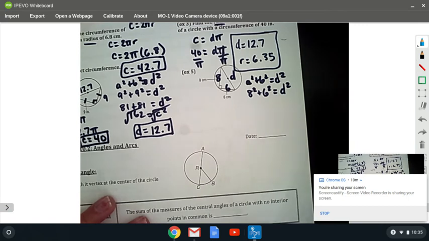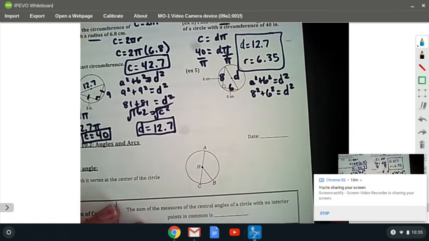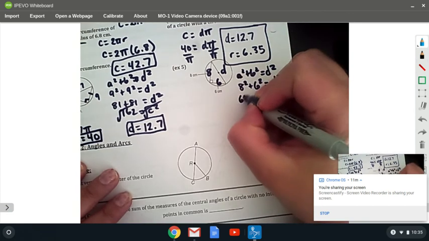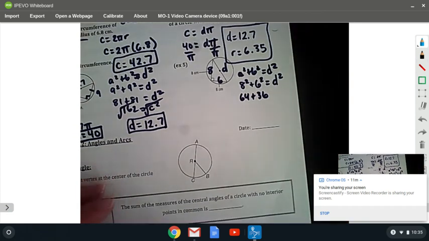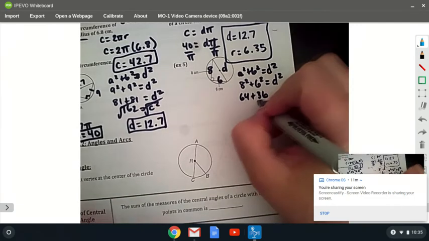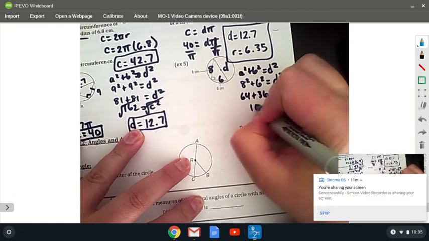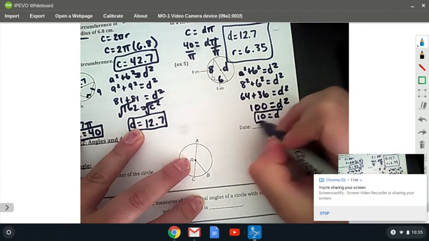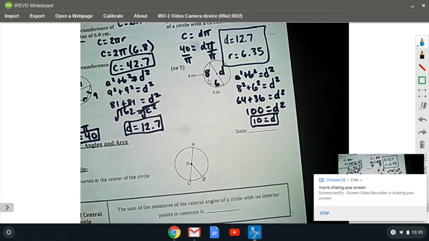This is our diameter. So I'm going to do 8 squared, which is 64, and 36. That gives me 100. The square root of 100 is 10. So my diameter here is 10.